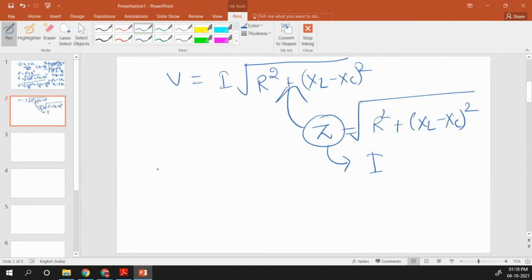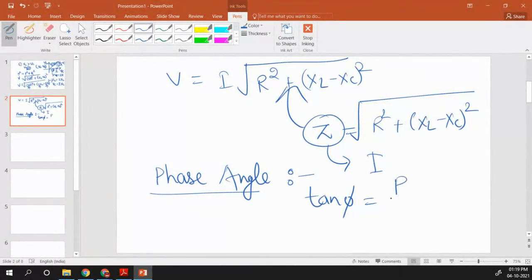Clear? Now we want to calculate the phase angle. So how can you calculate this phase angle? We have already calculated it in the previous class also. So tan theta is equal to P upon B. So across this right angle triangle, what is the value for P?